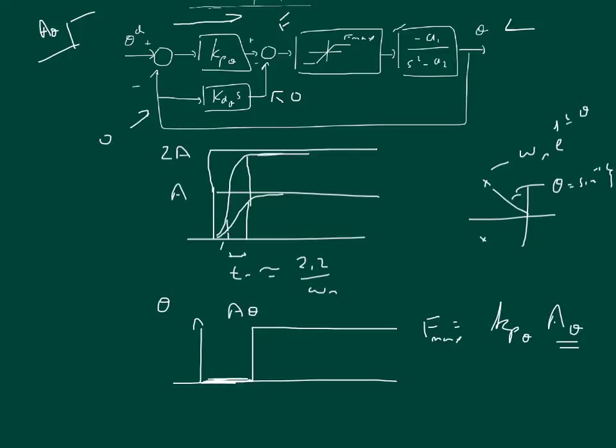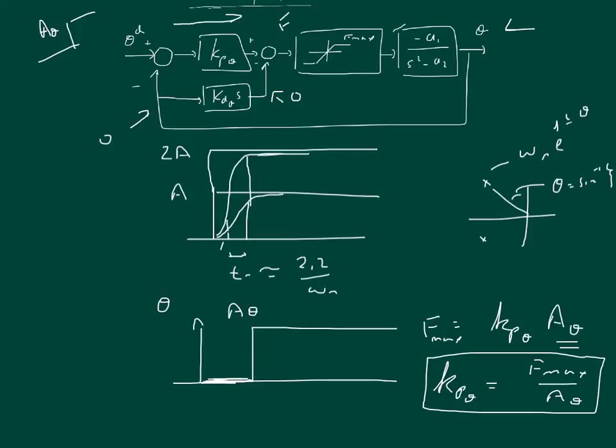That gives us a formula for Kp theta that in some sense maximizes the performance of the system. So it's F max over A theta. The choice of Kp theta is to achieve maximum force precisely at the moment after a step of size A theta is applied.